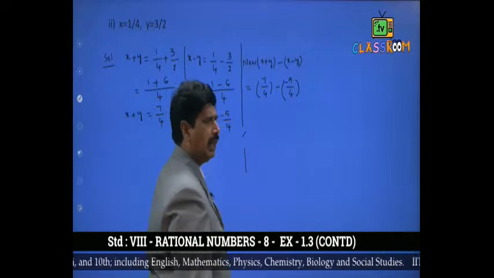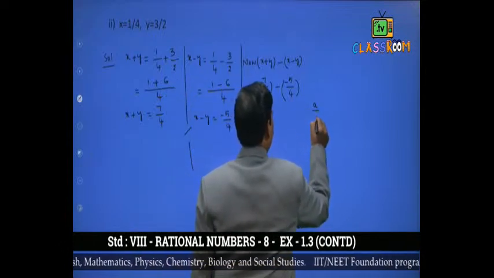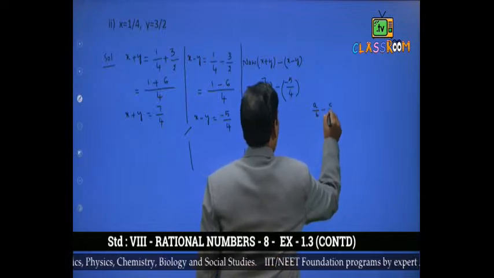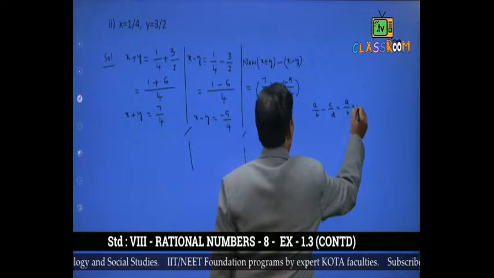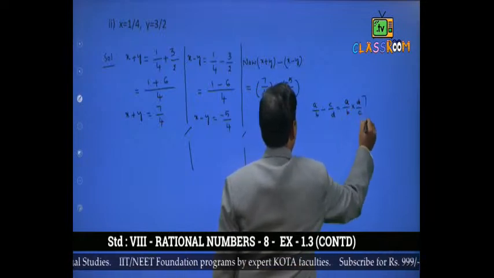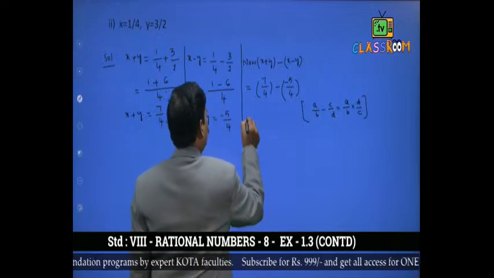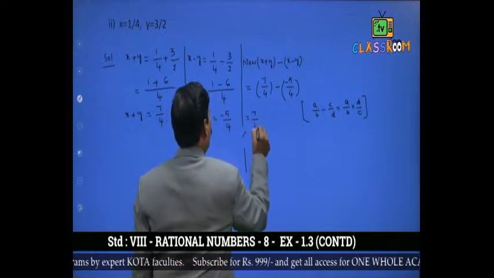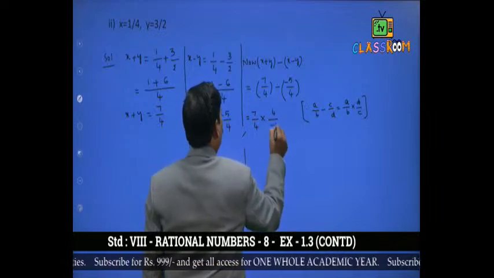You know well, a by b divided by c by d is same as a by b into d by c. So according to that, this will be 7 by 4 into 4 by minus 5.